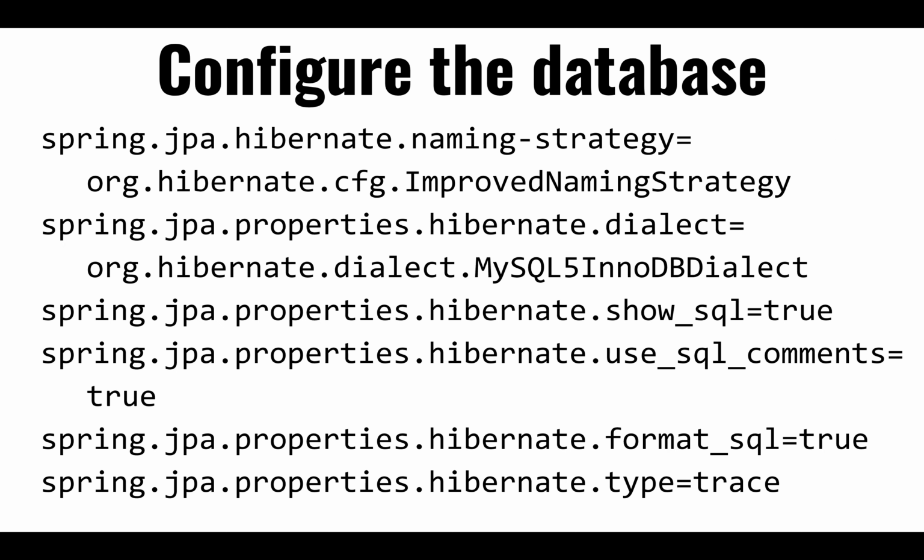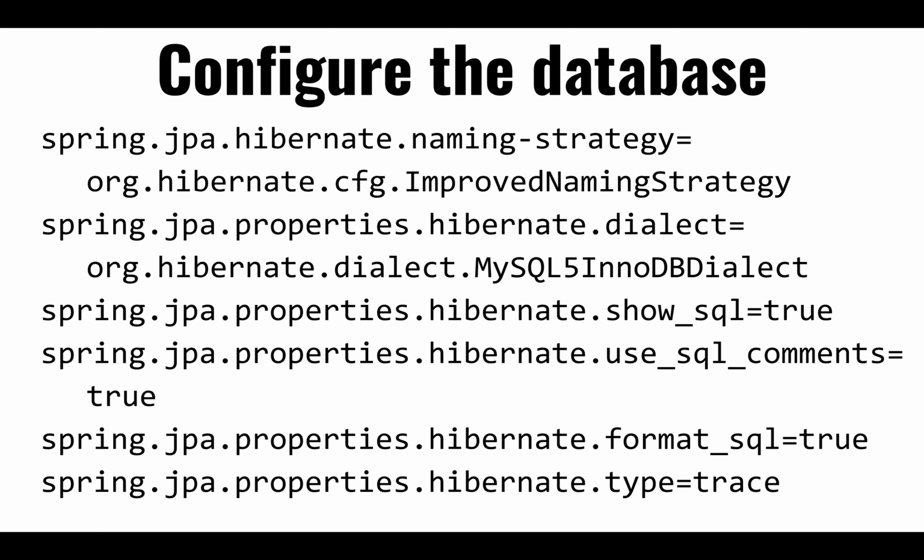A couple other configurations, such as naming strategy. For instance, JPA will make a best guess at what the field names are based on the names you gave them in Java. Any capital letters, it'll transform into underscore lowercase, so it'll use underscores as opposed to camel casing. You can configure how you want to name it. Also, the dialect of SQL that you want to use.